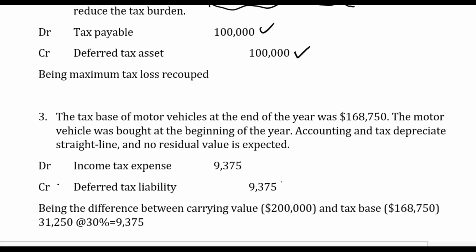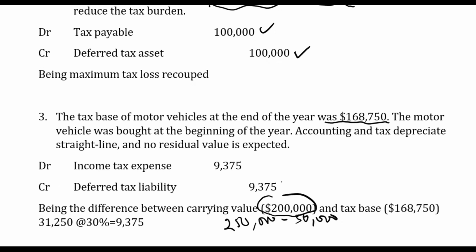Our third entry is the tax base of motor vehicles. At the end of the year, the tax base is 168,750, and the carrying value of the motor vehicle from the trial balance information is: cost is 250,000, there was accumulated depreciation of 50,000, and therefore the carrying value becomes 200,000.